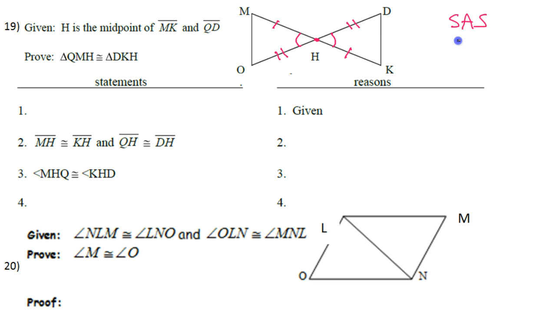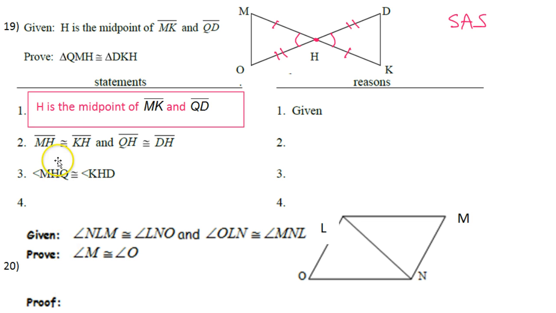That's all coming. So here, as far as a reason, it says given. So you know that here we have to state the given. Alright, so there's our first statement. H is the midpoint of MK and QD. We're just rewriting the given.